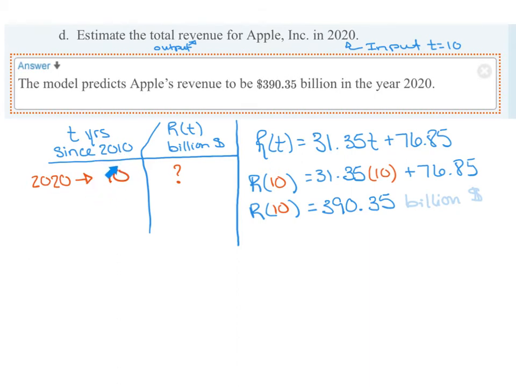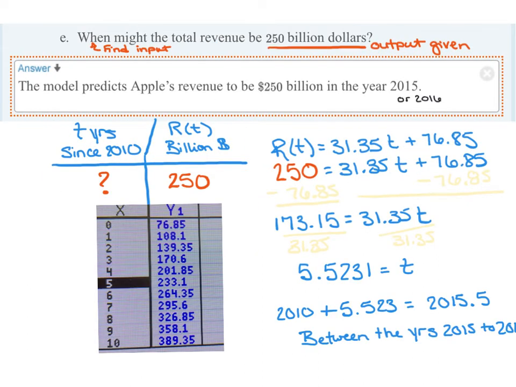So a 10 goes in for T, and I'm looking for the output at that. So using function notation, we're looking for what R of 10 is, which means we just substitute 10 in for T. And I believe you get $390.35 billion would be the company's revenue in the year 2020.